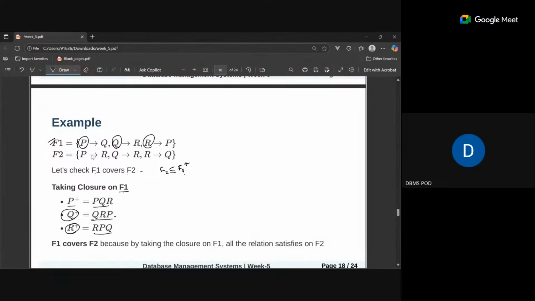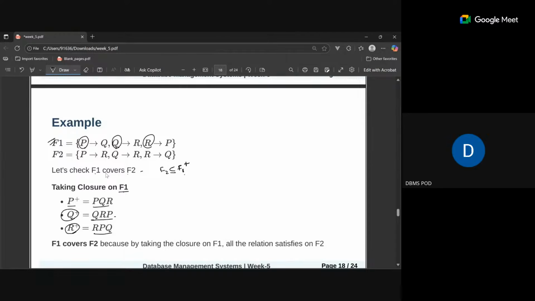Clear so far? Yes, sir. While we are taking the closure of all attributes, can't we check by taking the closure of only P or Q or R? This is an easy way, but you can do it that way also. So I'm just taking it.